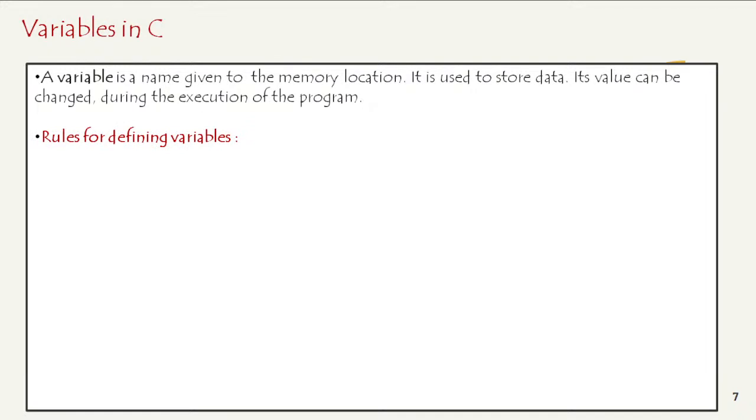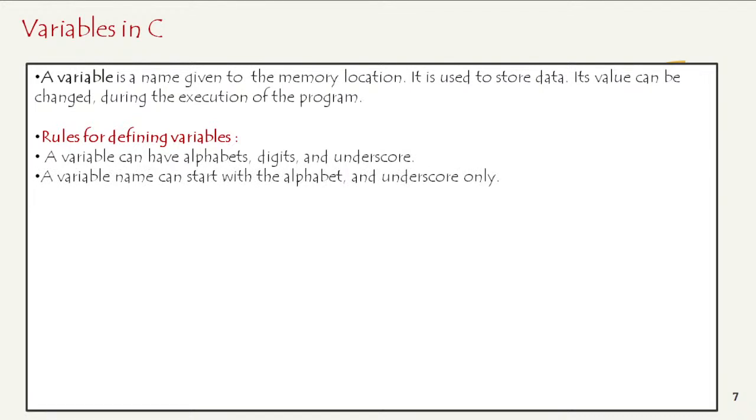So we have some rules for defining variables in the C programming language. Those are, a variable can have alphabets, digits and underscore. If you want to define any variable in C, it consists of a combination of alphabets and digits. If we want to use any symbol, we use the underscore symbol.